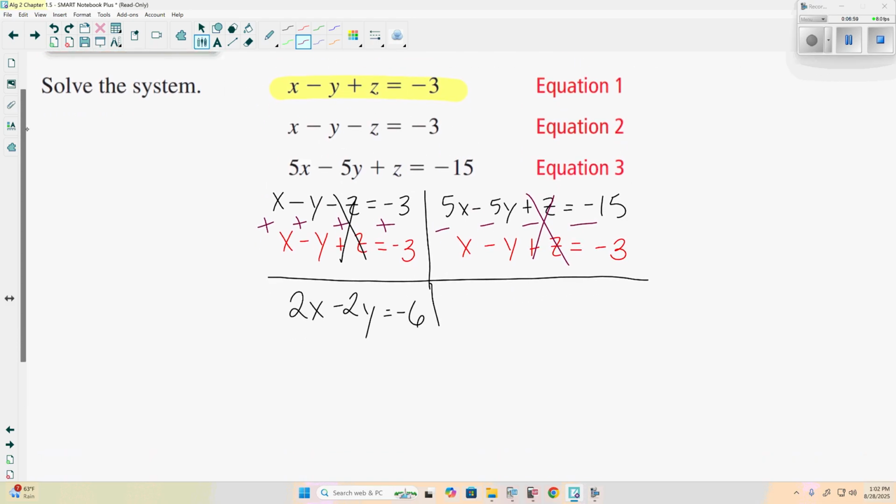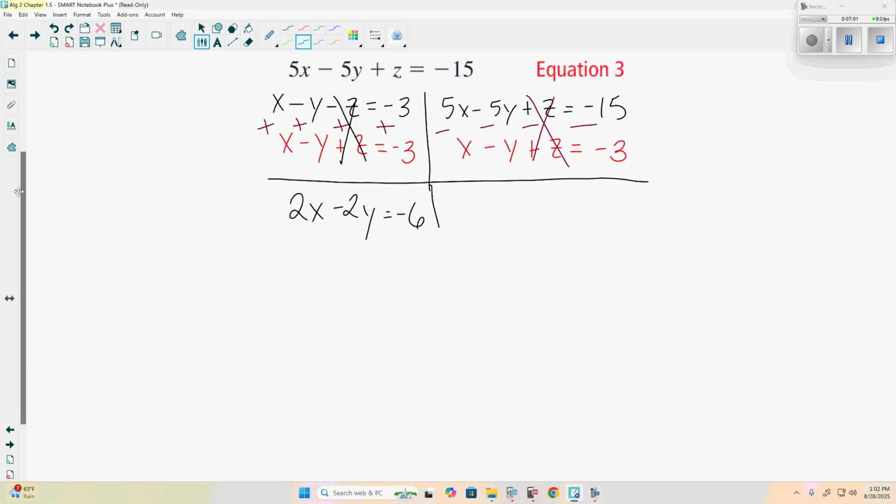Yep. 5x minus x is 4x. Negative 5y minus negative y, well, the negative negatives make a positive, giving us negative 4y. Negative 15 minus negative 3, negative negative make a positive, giving us negative 12.